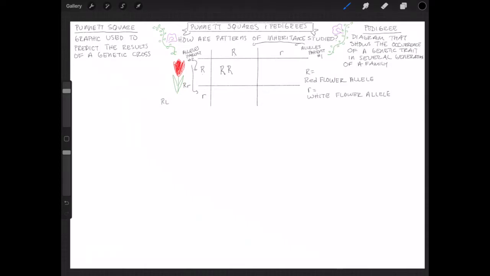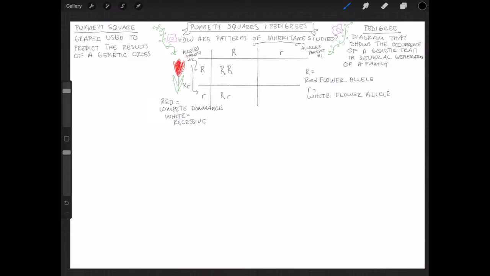And we're assuming right now that red is complete dominance, and that white is recessive. And that means it doesn't matter if I have a little r. If I have the capital R, the dominant gene, that phenotype will be red.